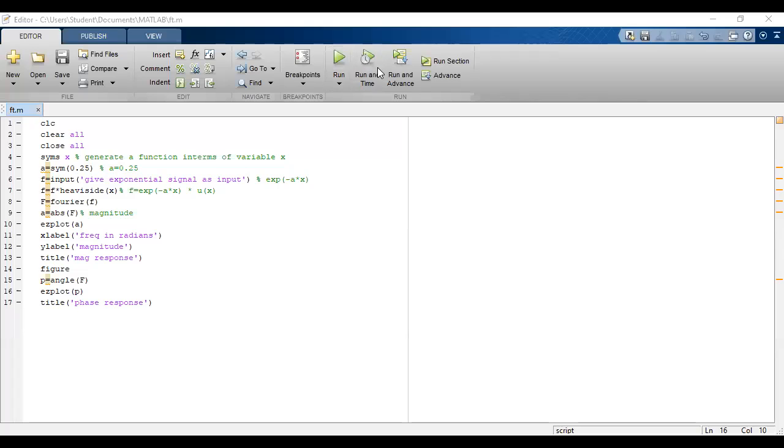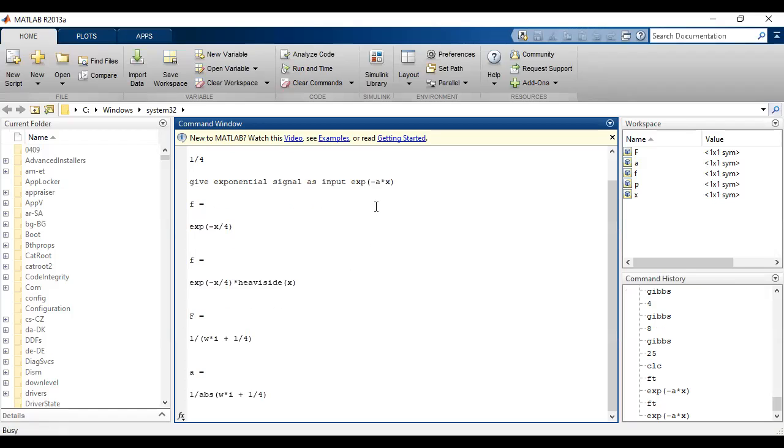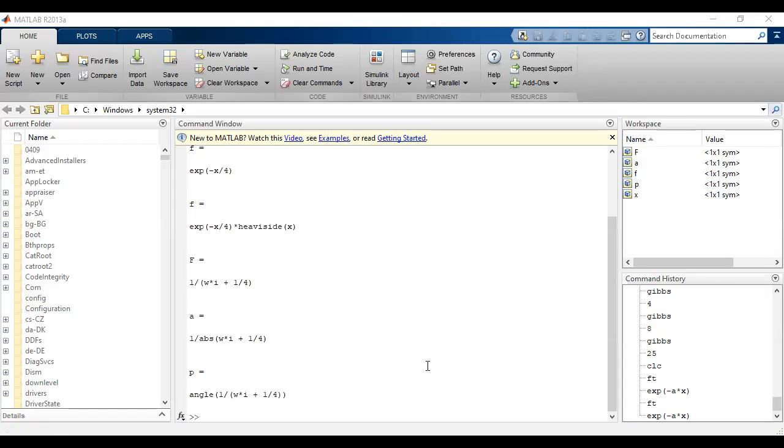Just let me once again run it. Once again I am running to show the outputs to you all. Exp of minus a into x. So we got all the output waveforms. To show the outputs, I am stopping the share.